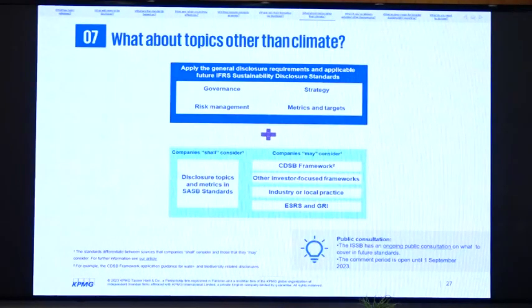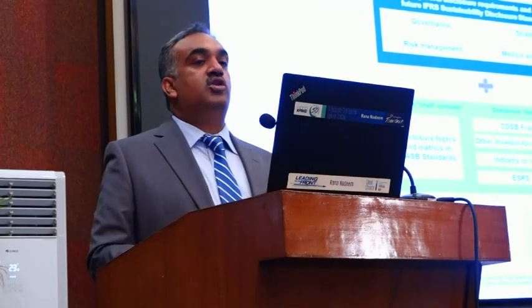First is a shall, that all the disclosure topics preferably should come from the SASB standards. The criticism is that those who have already started with GRI-based reporting, and that is actually 70% of the reporting happening in the world today, is GRI-based.